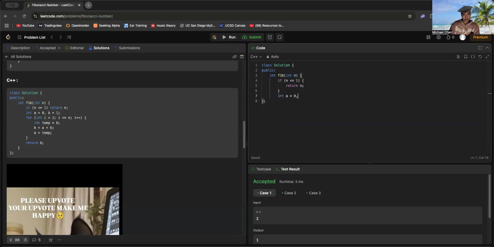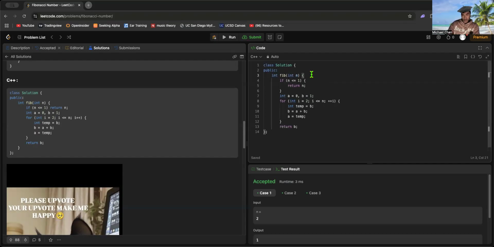And then a equals 0, b equals 1, and then for i equals 2, i smaller than or equal to n, plus i, temporary is to be up to whichever number. b equals a plus b, and b equals temporary. And after this loop, return b.